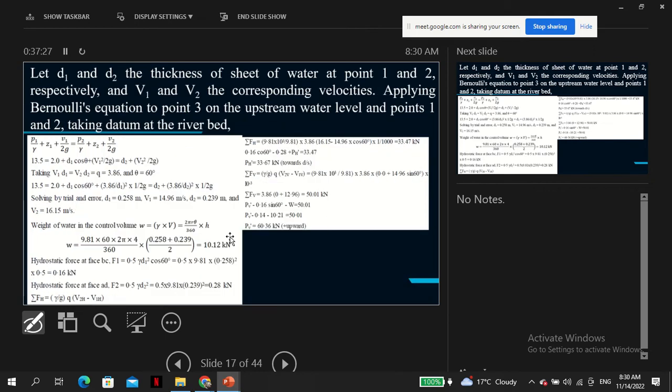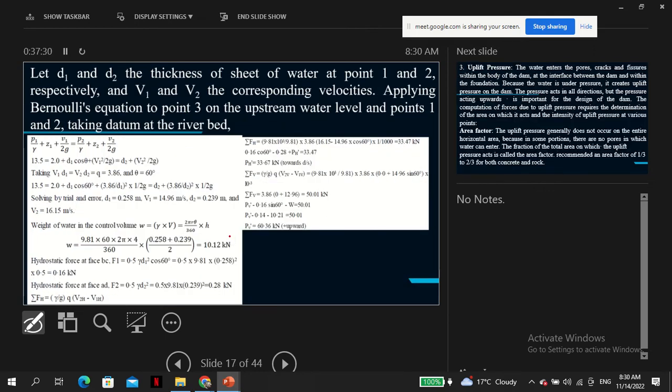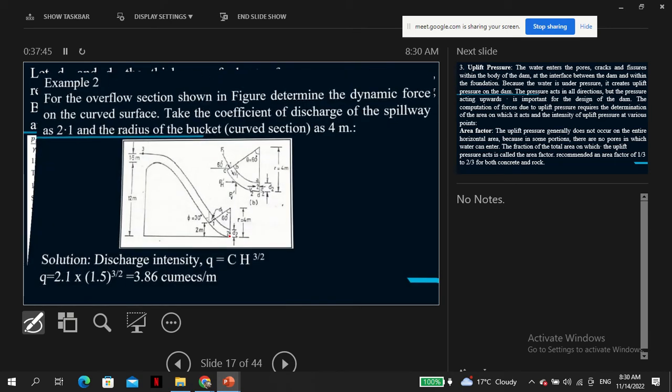Let D1 and D2 be the thicknesses of the sheet of water at points 1 and 2, the references, respectively, and V1 and V2 the corresponding velocities. Applying Bernoulli's equation to point 3 on the upstream water level and points 1 and 2, taking datum at the riverbed.